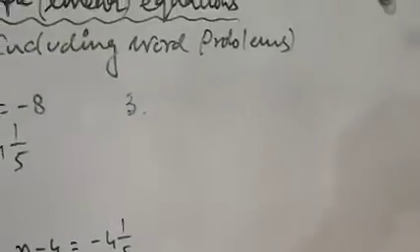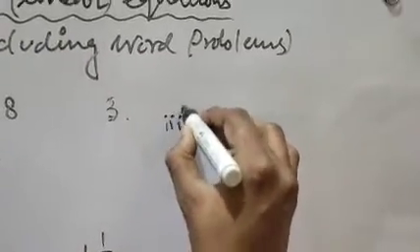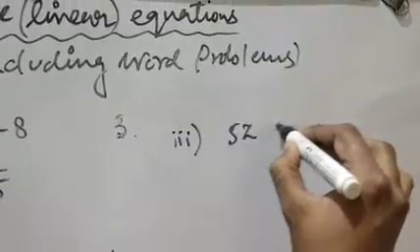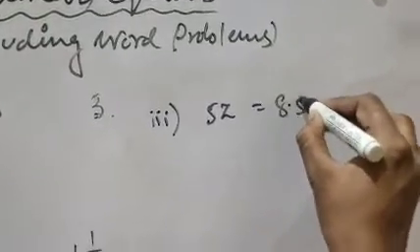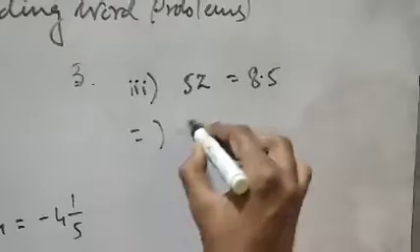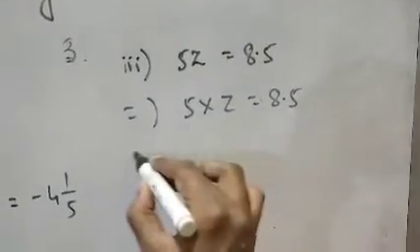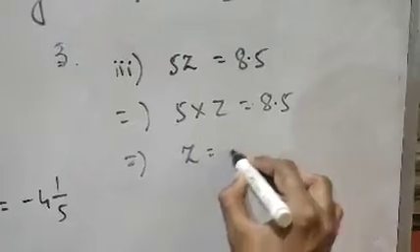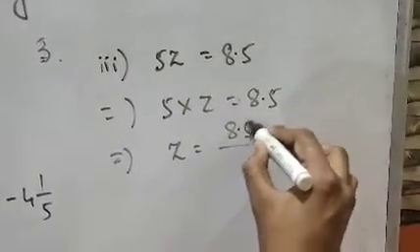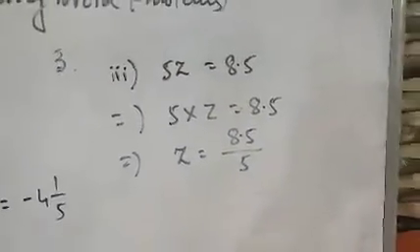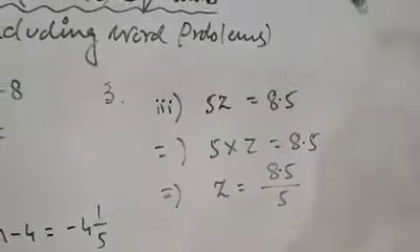Question number 3. Equation is 5z equal to 8.5. Here 5z means 5 into z. Find out the value of z because z is the variable. 8.5 divided by 5 because 5 is multiplied here. The sign is multiplication.